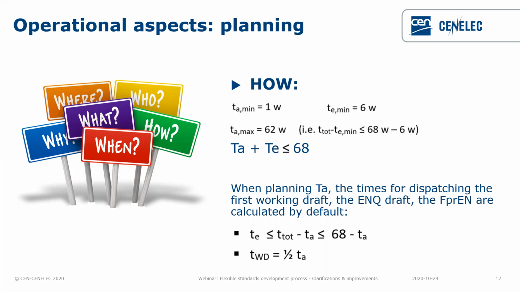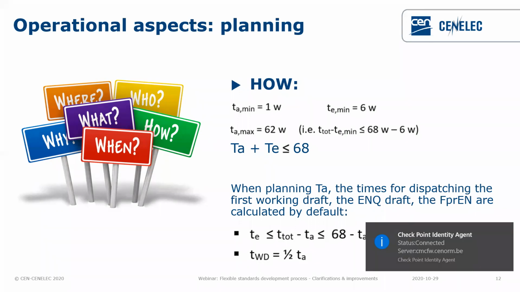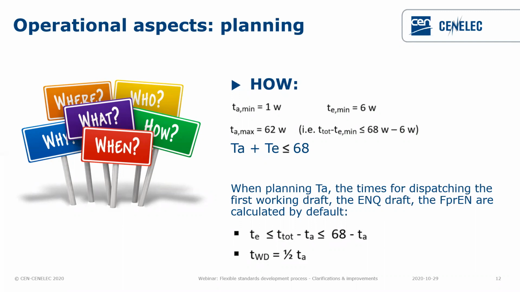Also something that is important for you to know, because when we talk about stage A, which means, again, the one between the approval of the new work item and the delivery of the draft for the public inquiry, in the middle of this stage we also have the milestone which corresponds to the delivery of the first working draft. And actually, this is the period of stage A divided by 2.